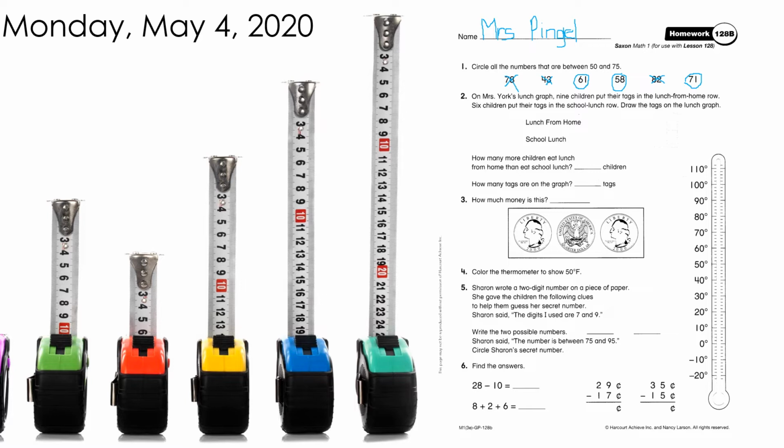Here we go. Lunch from home. Lunch from home, there were 9 children. So I'm going to write 9 inside the box. And the school lunch, that was a spelling word, had 6 children.